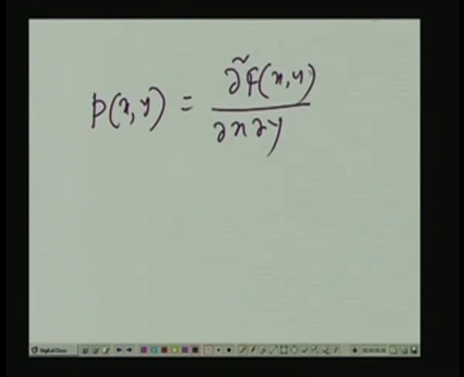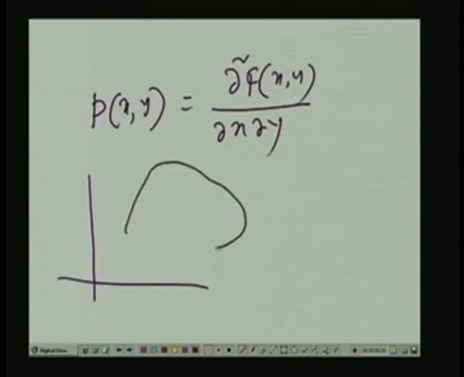Why is it probability density? The reason is, if I consider any region, say D, in the xy plane, then what is the probability of xy falling within this region?